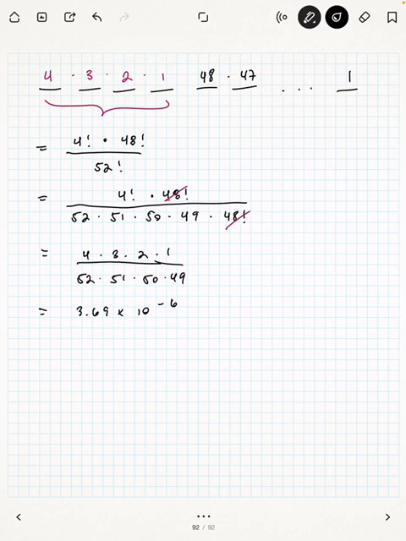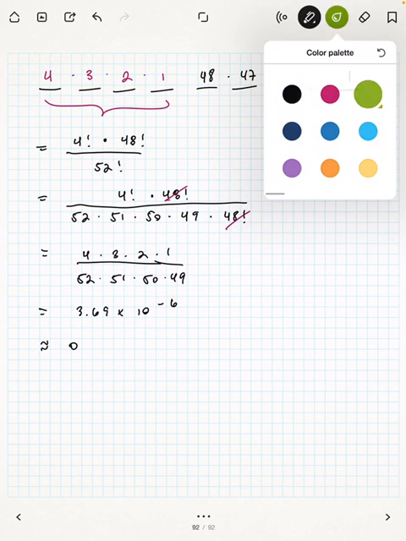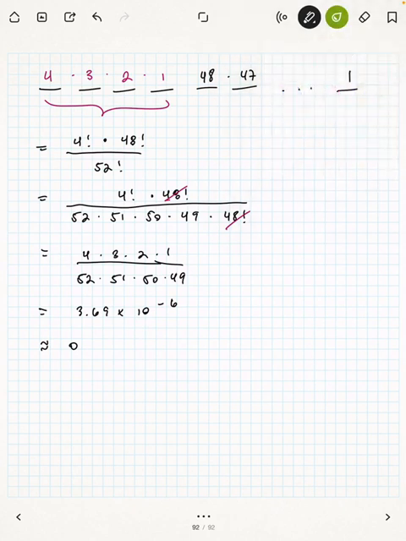So for our purposes, we might say this is just basically 0. And if you're a little rusty on your scientific notation, this is the same as 0.00000369 roughly. So that's the probability of getting 4 kings turning up in the first 4 spots in an arrangement of a standard 52 card deck.